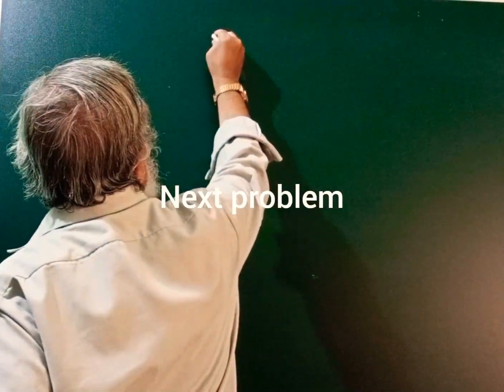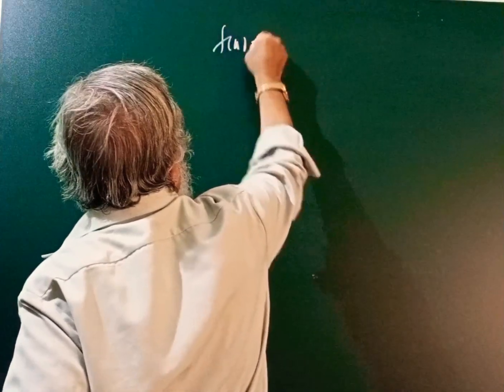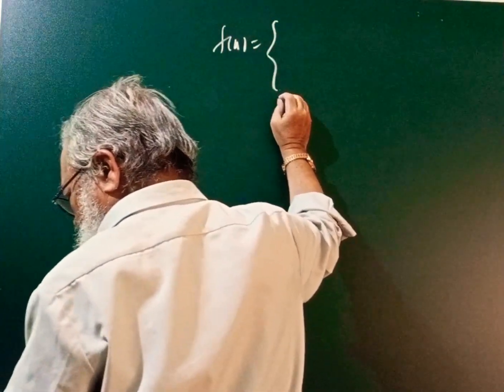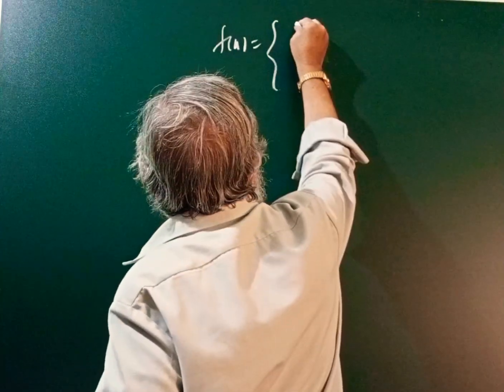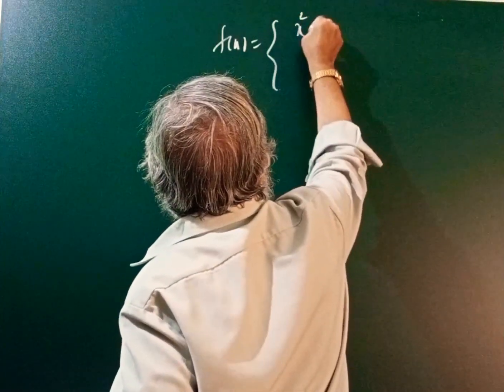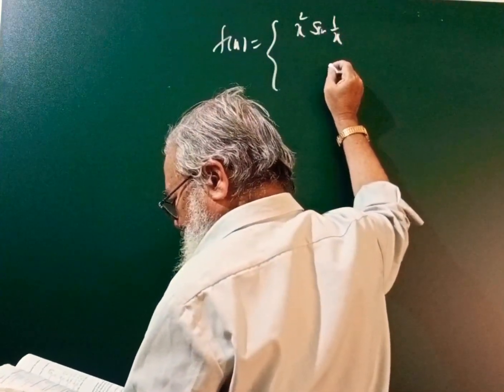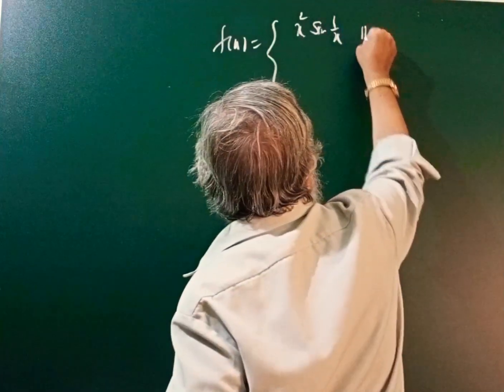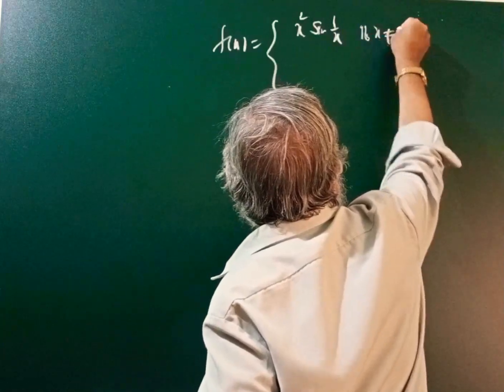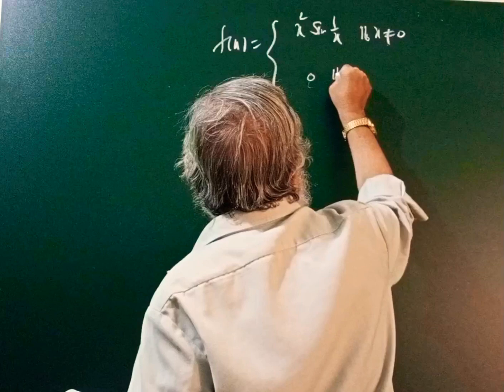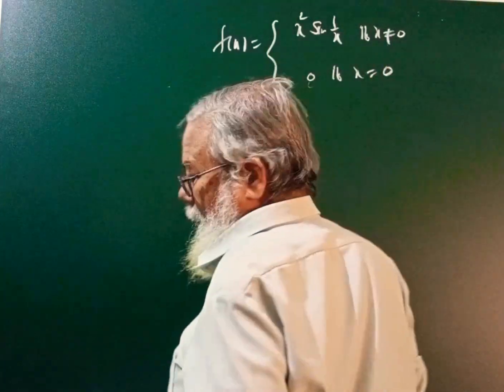Discuss the continuity of the function f(x) is equal to x square into sine 1 by x if x is not equal to 0, and that is 0 if x is equal to 0.